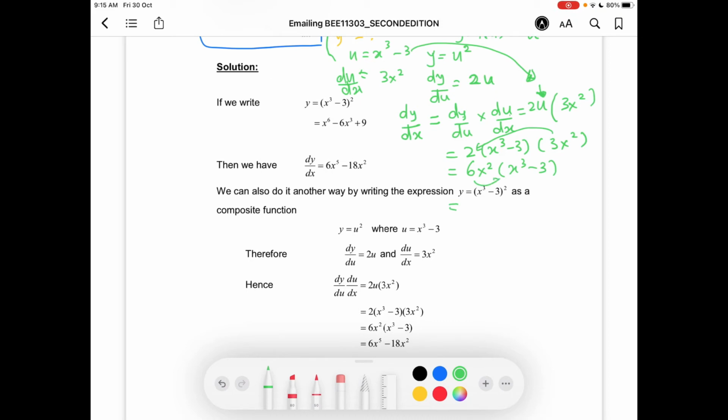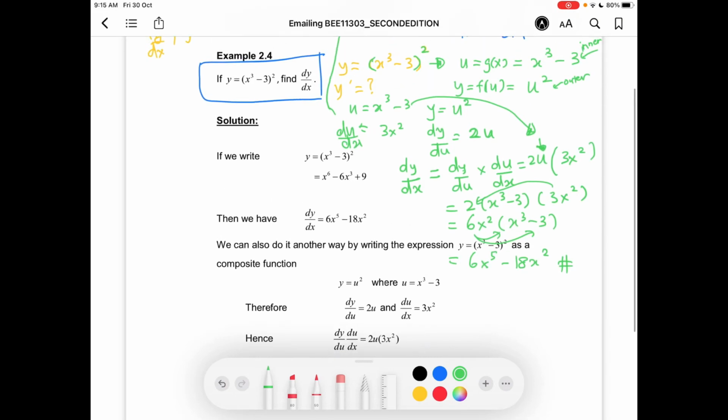This is possible to be simplified more, if you want to expand more, it will become 6x power 5 minus 18x squared. This is if you want to use the formula of the chain rule.